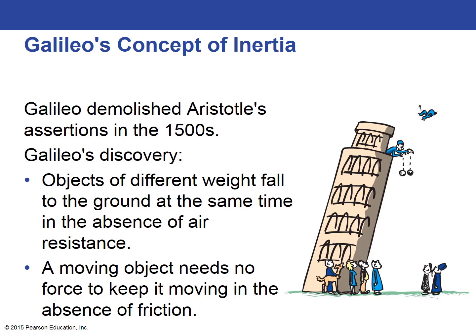And the observation was that in the absence of air resistance, or accounting for that in some way, or neglecting it because they were both very, very small amounts of resistance, the objects arrived and hit the ground at essentially the same time.